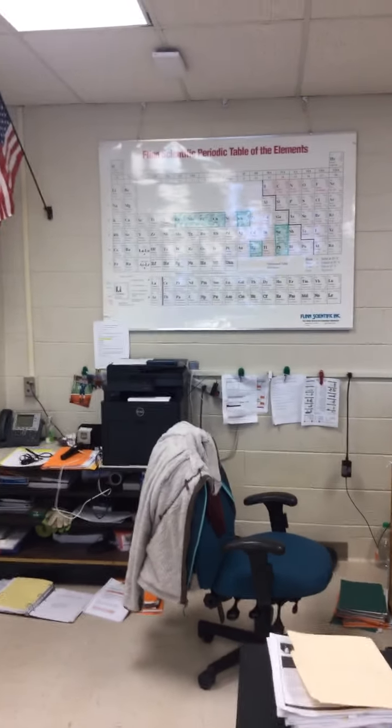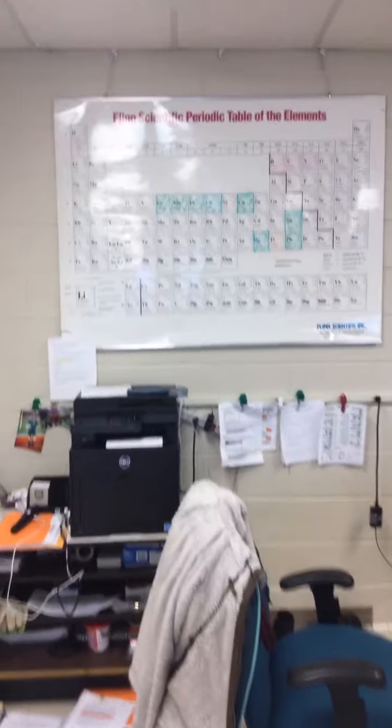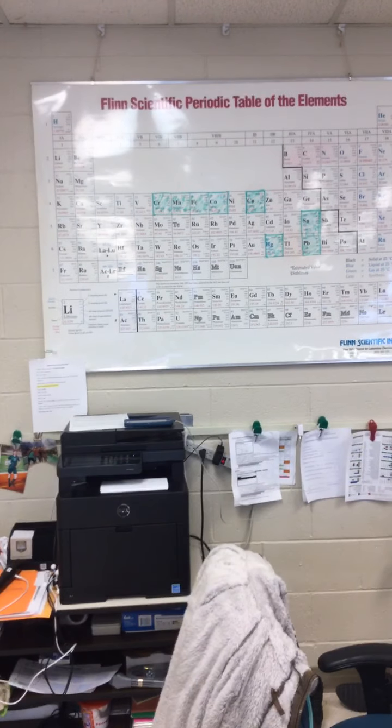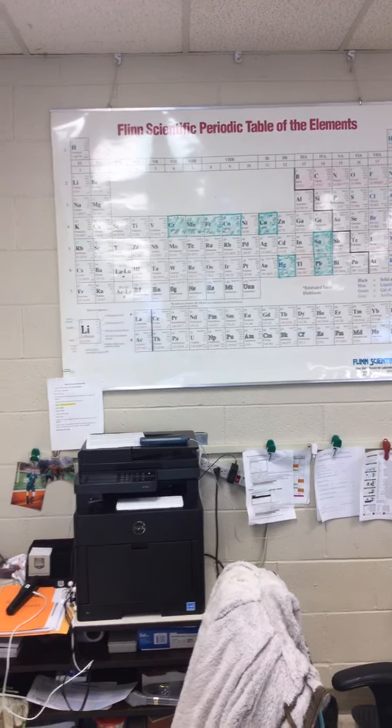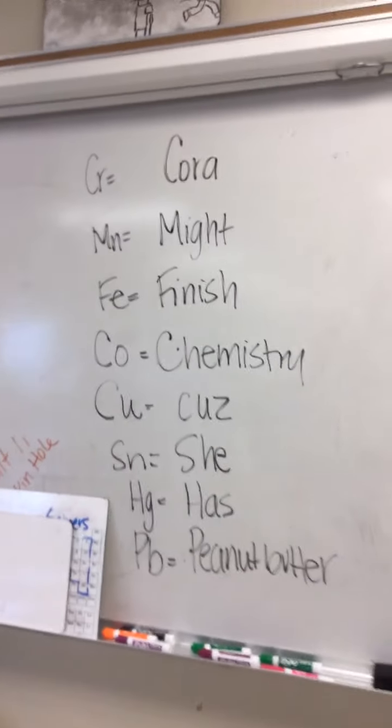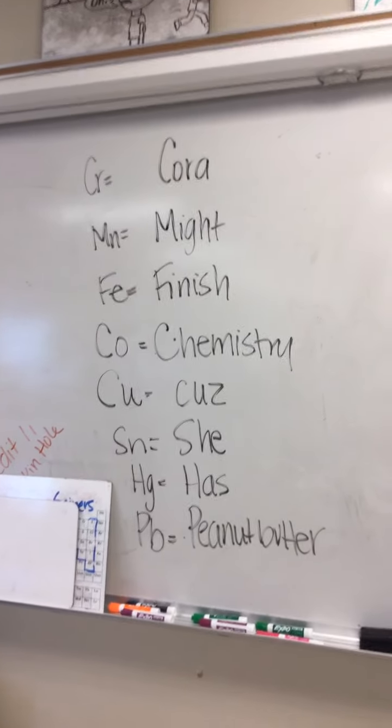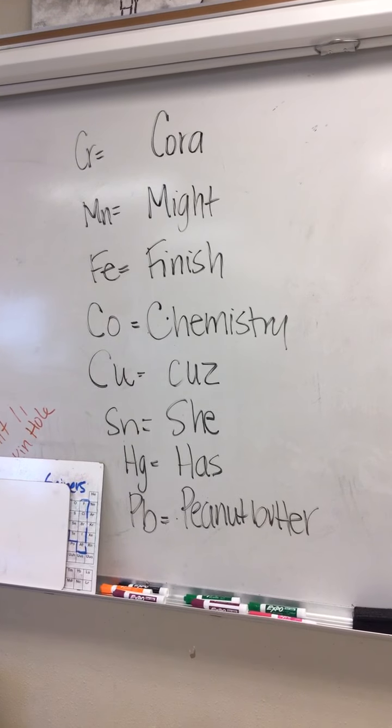Either put them on your periodic table and be able to figure out where they are, like as you see outlined in green here, or come up with a mnemonic. Today in class, they came up with this mnemonic right here. Cora Murphy is in class, so Cora came up with this one.